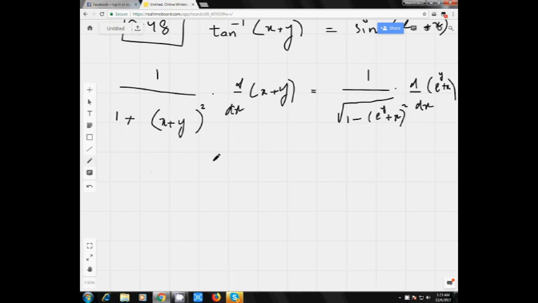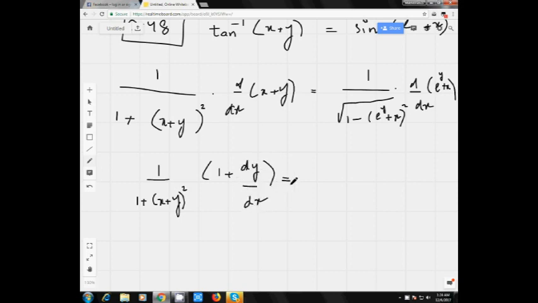Simplify both of the sides further. You might find 1 divided by 1 plus (x plus y) whole square times 1 plus dy by dx.